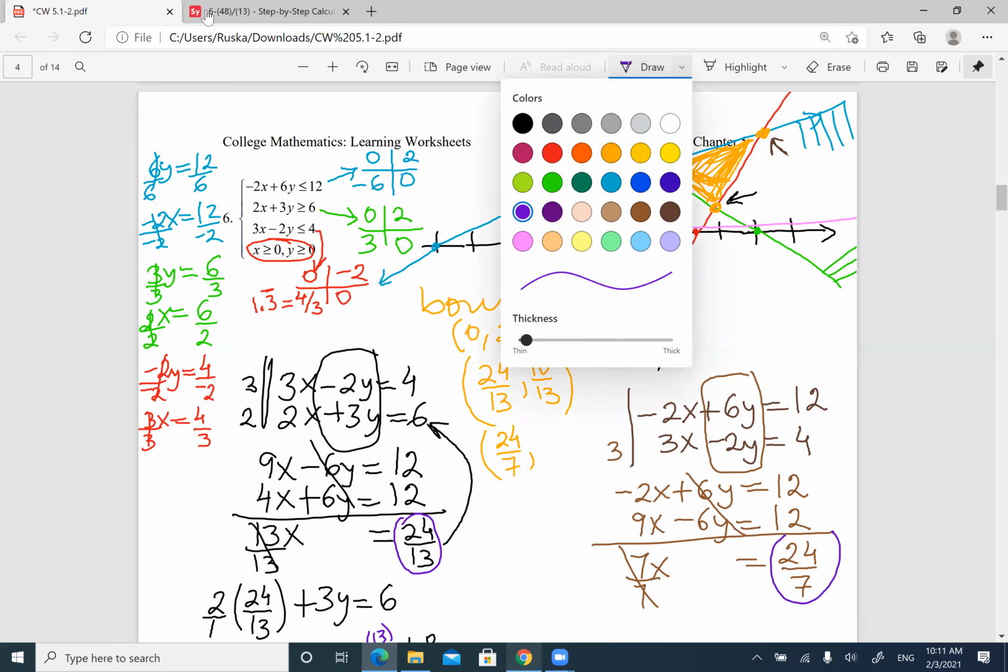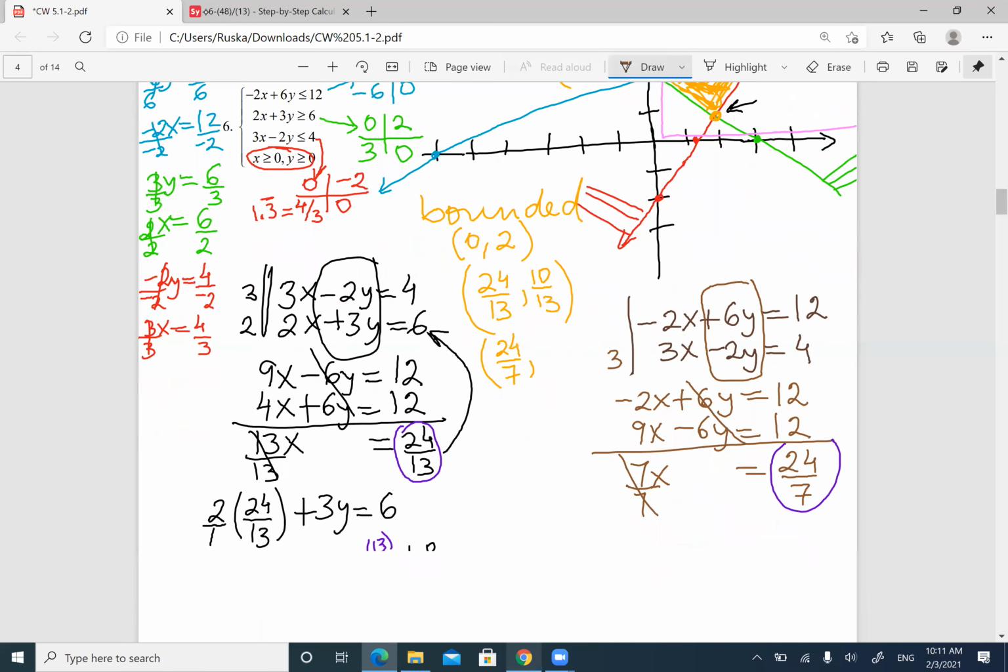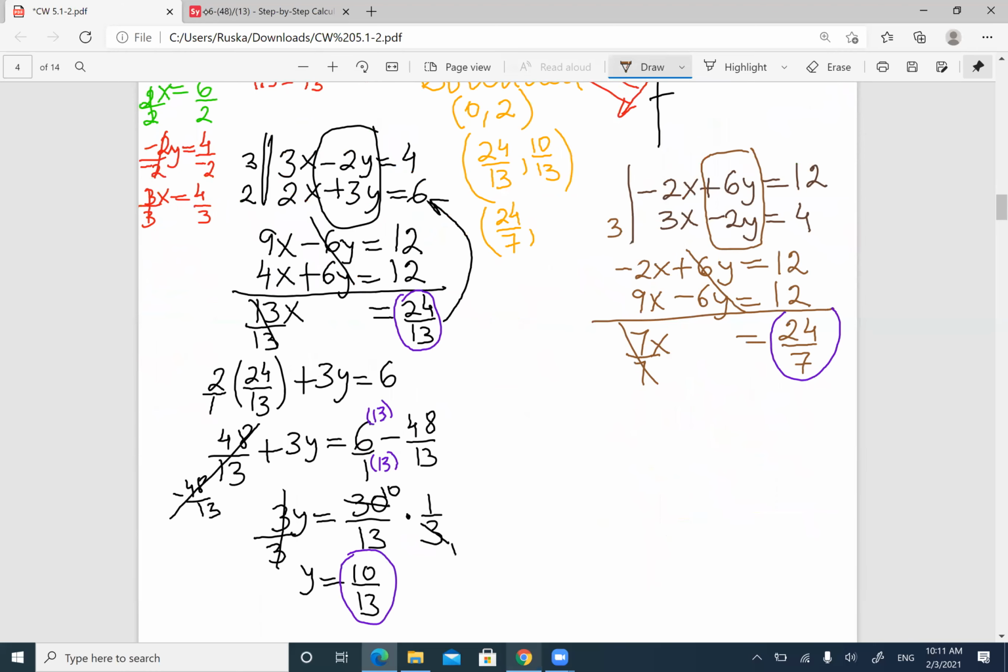And you're going to find the second one when you plug it in. So I'm going to take this and plug it, let's say, in the first equation, because it has a positive y. So I have negative 2 times 24 over 7. That's my x. Plus 6y equals 12.